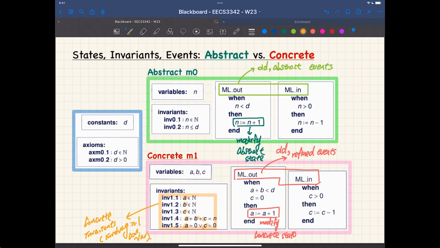And the one that's really special is this one here. This is what we call a linking invariant, which is also a concrete invariant, of course, which involves both the abstract and concrete variables. You can see this one here is actually an abstract variable, right?